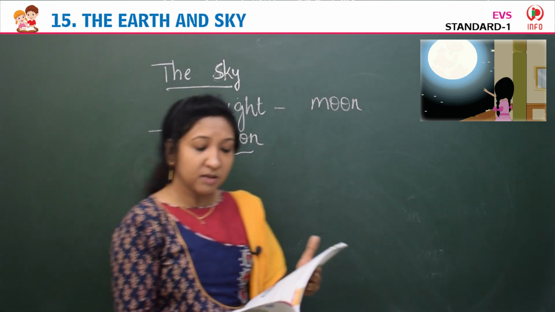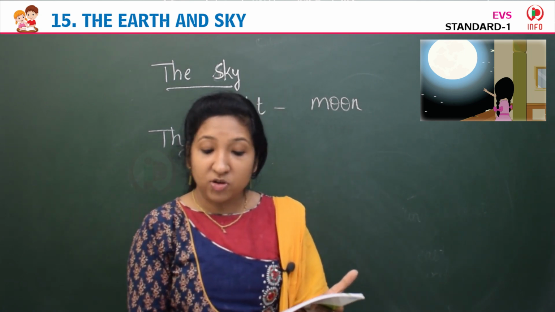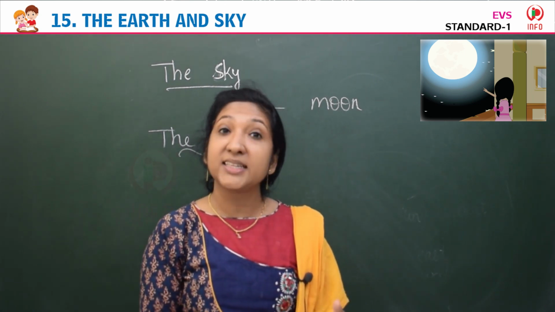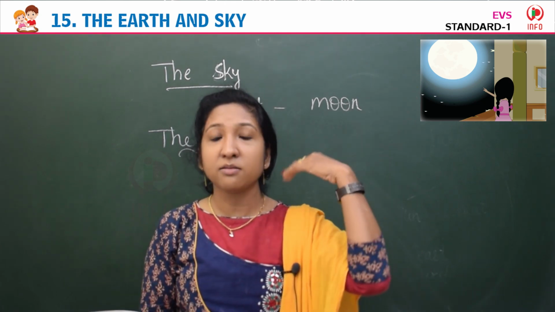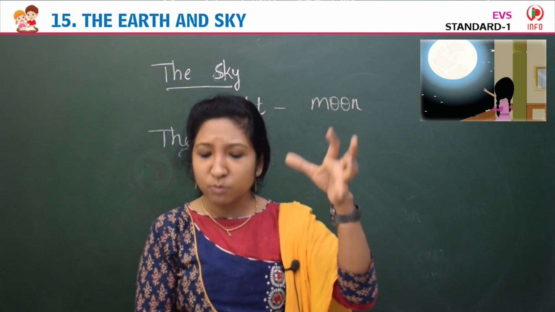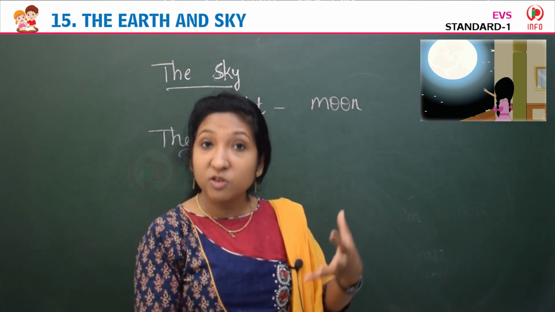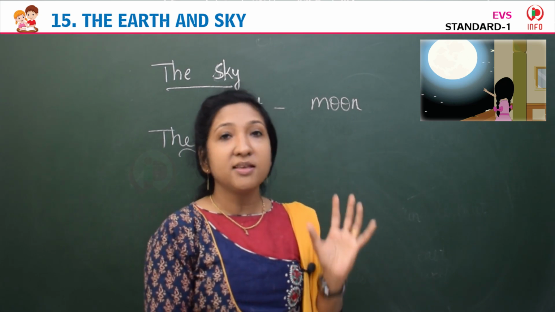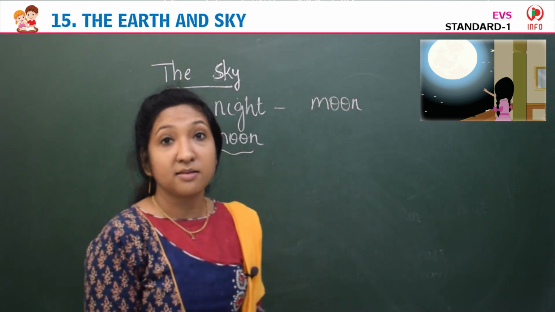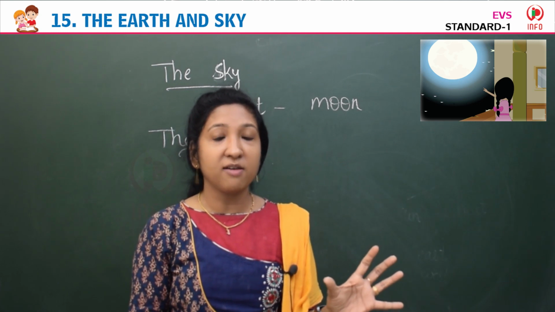The moon is much nearer to the earth than the sun. The sun is somewhat far away from us, but the moon is much nearer to the earth. It is smaller than the sun. Yes, the sun is a very large, hot ball, we learned.